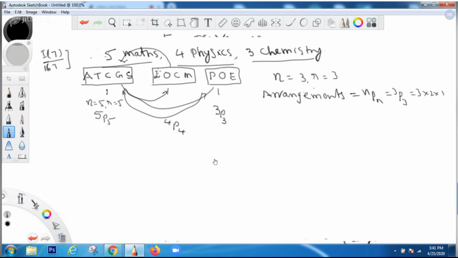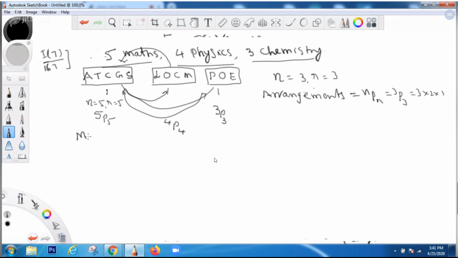If you interchange the first book and second book, physics is still together, so the condition is not violated. Hence, the physics books can be interchanged among themselves in 4P4 ways, chemistry books in 3P3 ways, and similarly, math books can be arranged among themselves in 5P5 ways. All together, the bundles can be arranged in 3P3 ways.